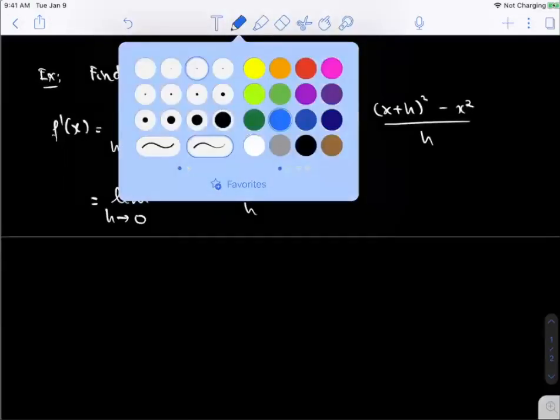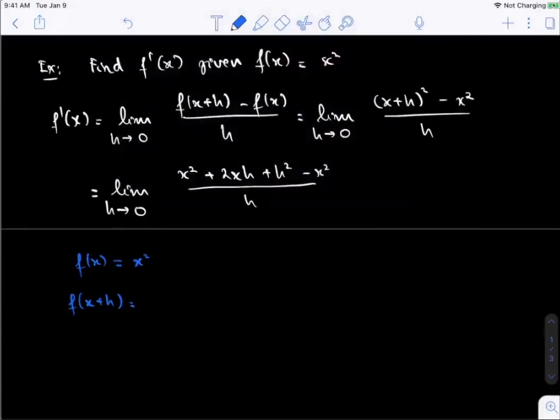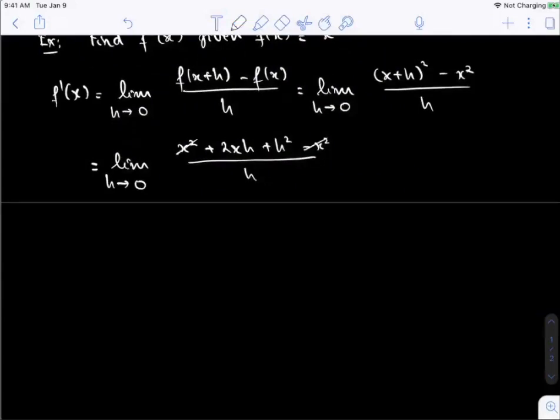This is a side note here, right? The function is f of x equal to x squared. For f of x plus h, I'm just going to replace x with x plus h. So x squared cancels out, and you're left with the limit as h approaches 0 of 2xh plus h squared divided by h.